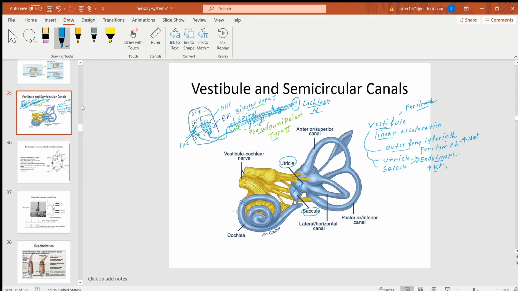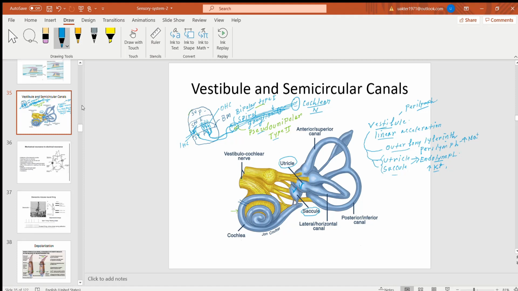Okay, this is important. Now we'll see these two membranous structures in the vestibule, and inside these two structures we have the sensory epithelium. And in the sensory epithelium you have the sensors or receptors.